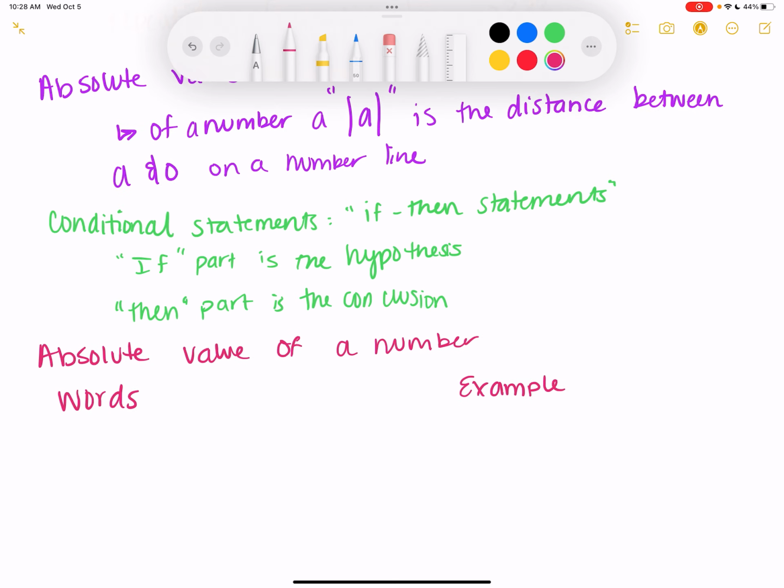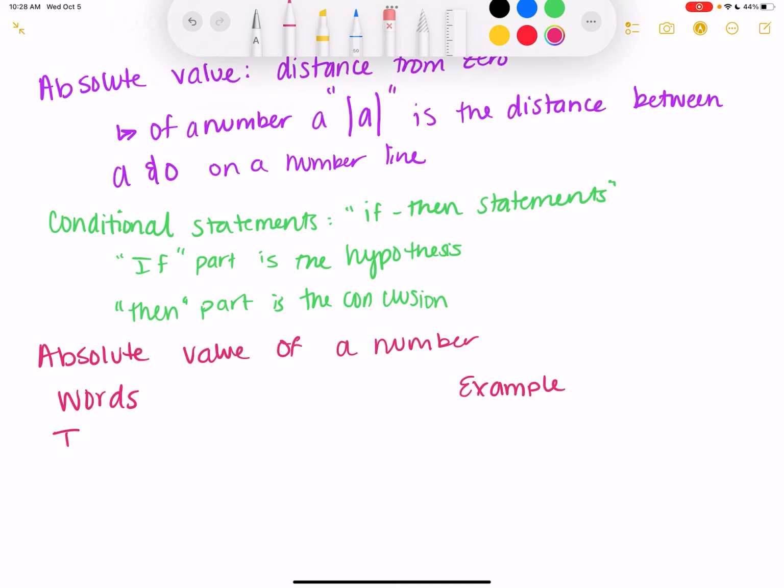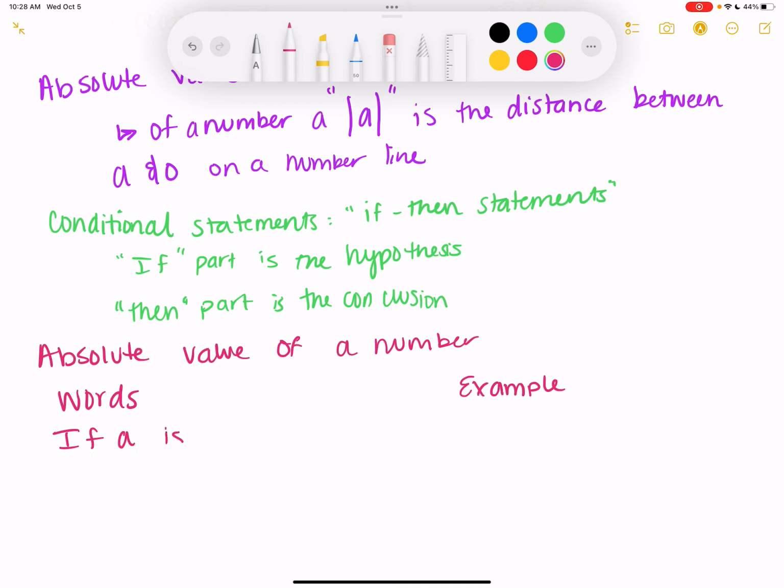So the first one, if A is positive, then the absolute value of A is equal to A. So an example of this, if we had the absolute value of 2, it would be equal to 2.